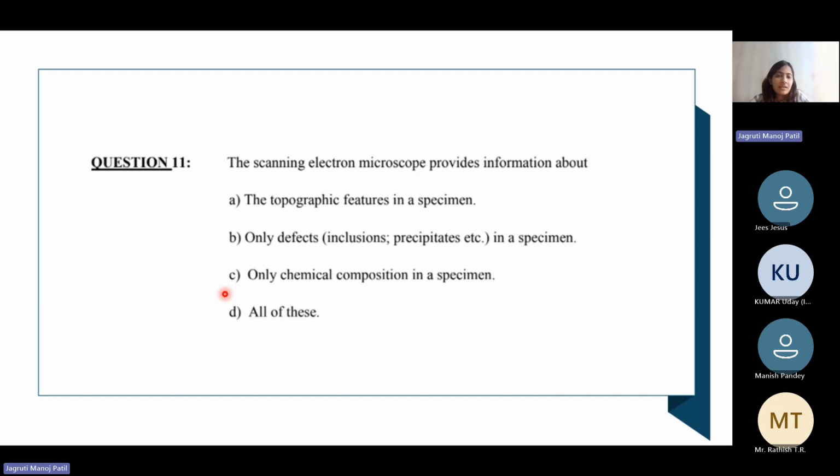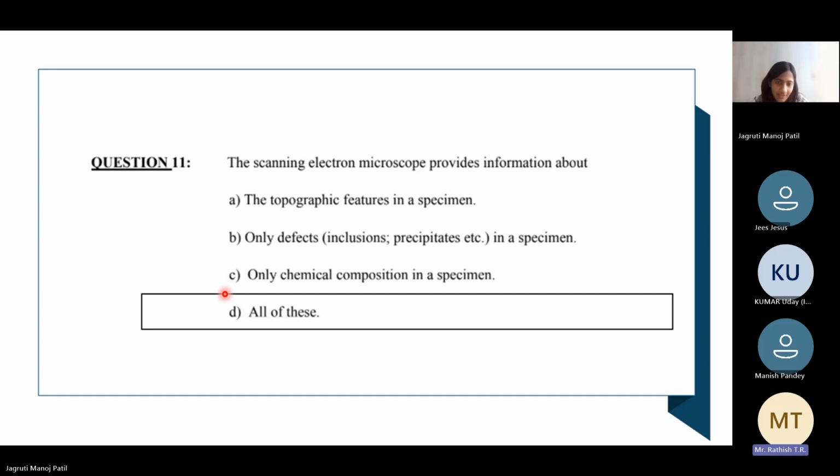The scanning electron microscope provides information about which type of features in your specimen? Chemical composition, defects, or topographic features and surface characteristics? It tells you about everything, because you have EDS there.